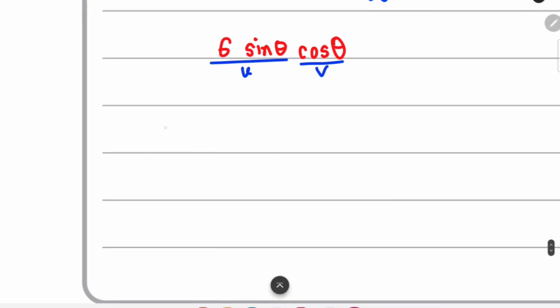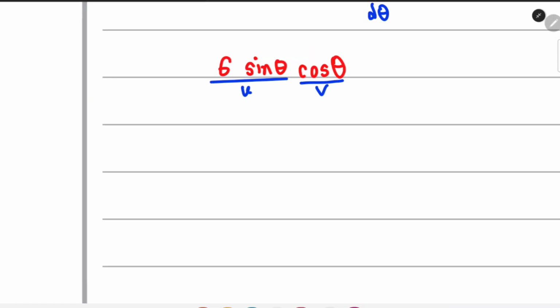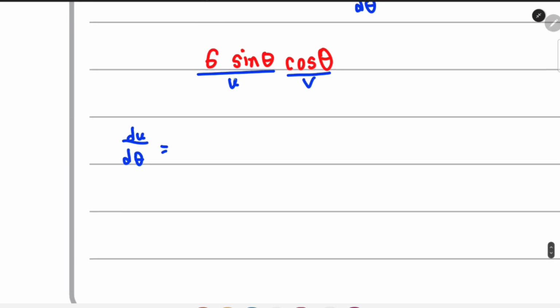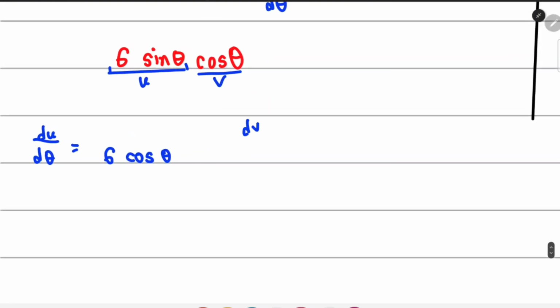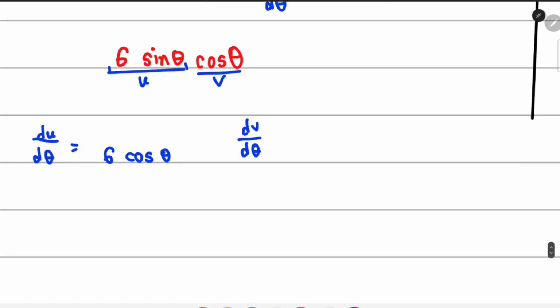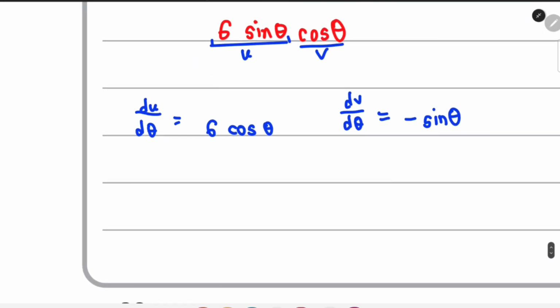Now du by d theta is, if you differentiate 6 sin theta, 6 cos theta, and dv by d theta, if you differentiate cos theta, you get minus sin theta.